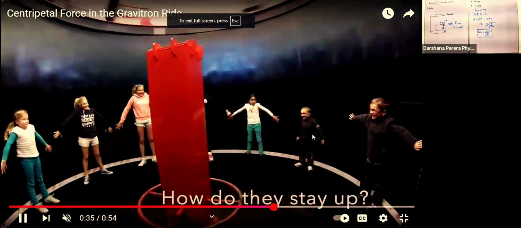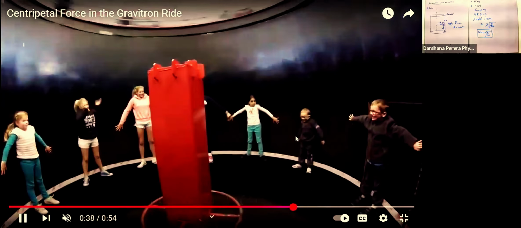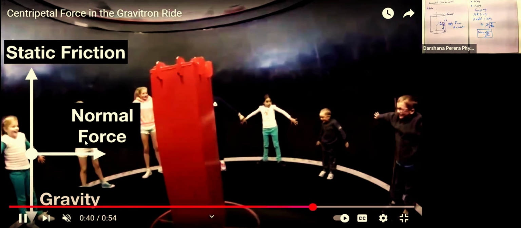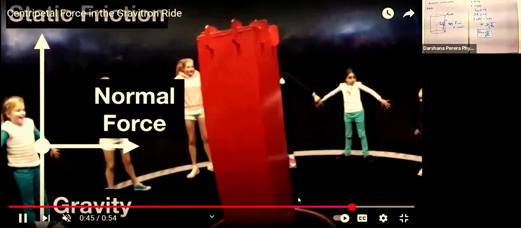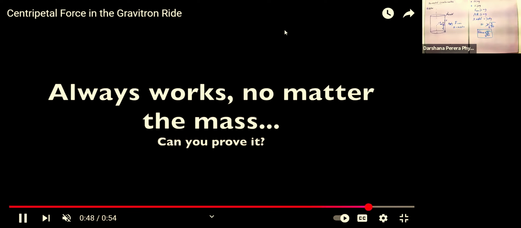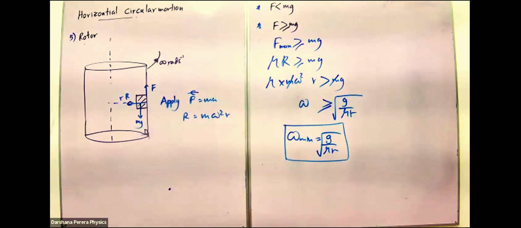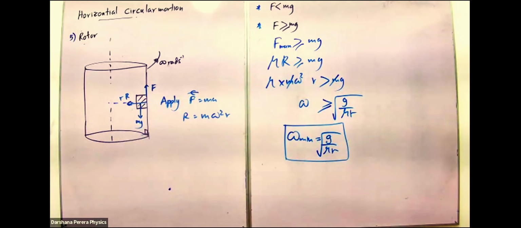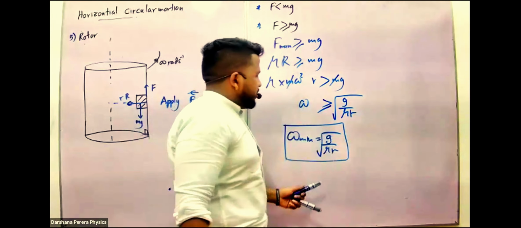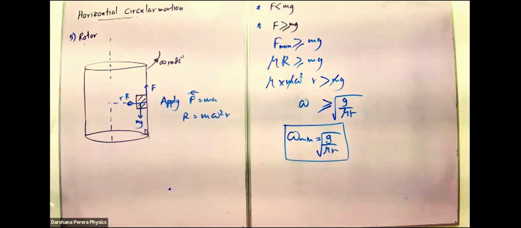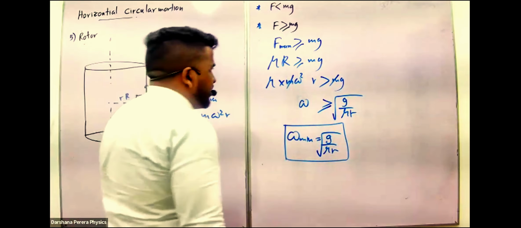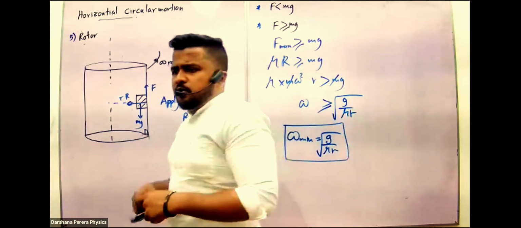The mass does not matter. Why? You can see the equation: there is g over mu r, and there is no m. Mass does not matter. These are all about horizontal circular motions.